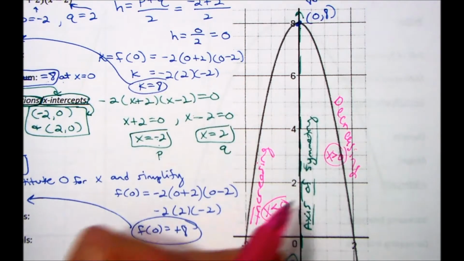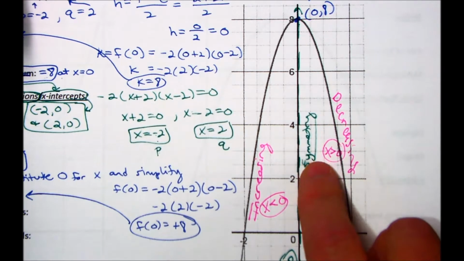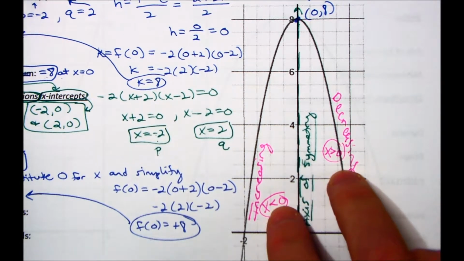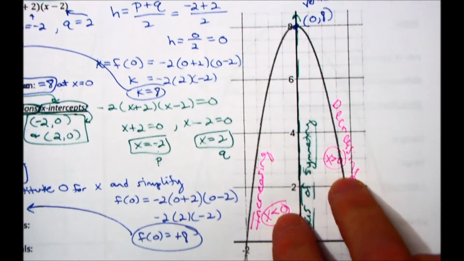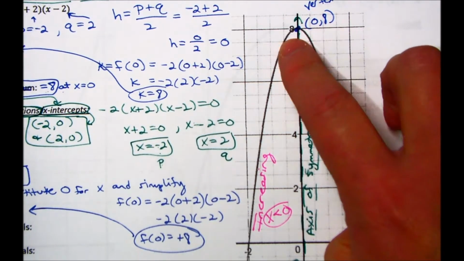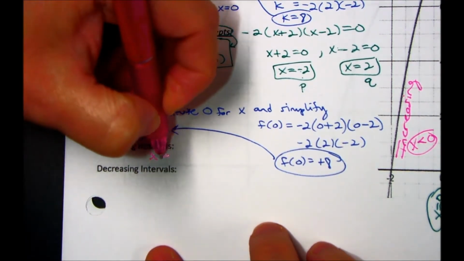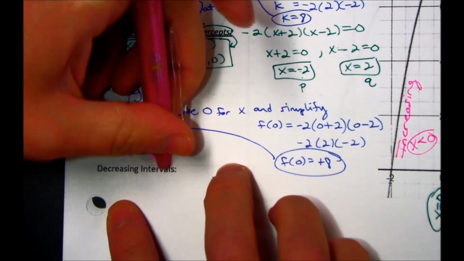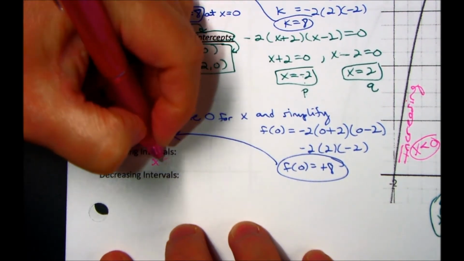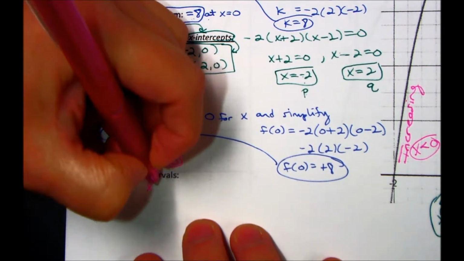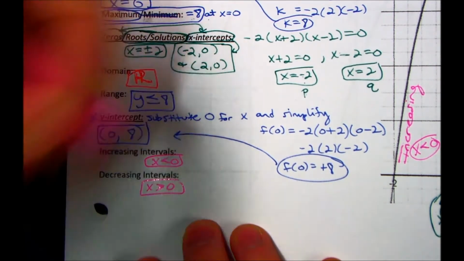So the decreasing interval will be when x is greater than 0. Notice they don't put lines underneath. It does not equal 0. When x equals 0, it's neither increasing nor decreasing because that's the vertex. So your increasing interval was when x is less than 0, and your decreasing interval is when x was greater than 0.